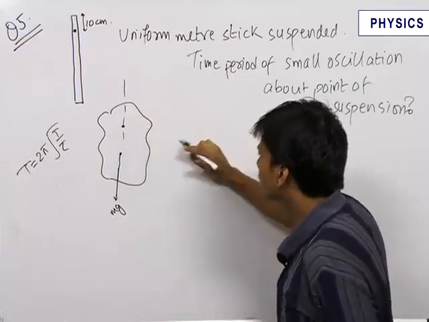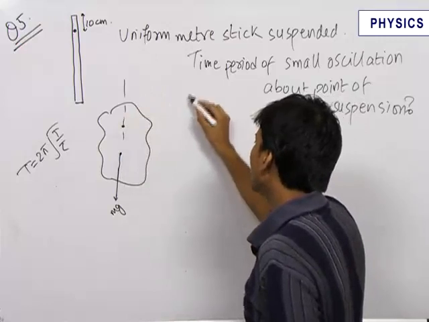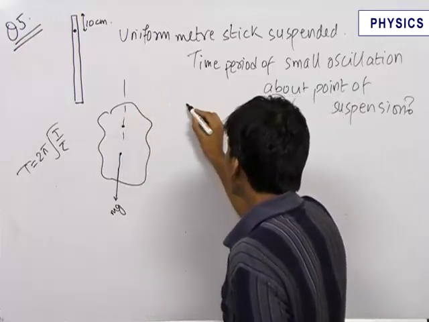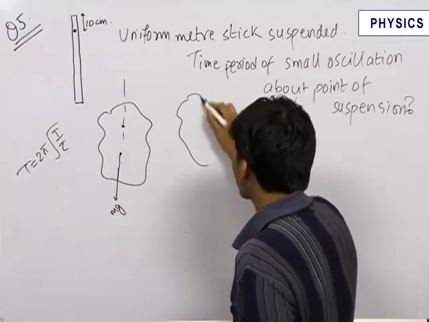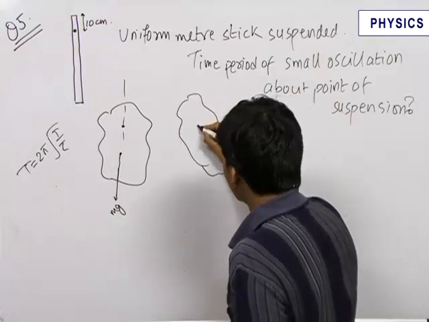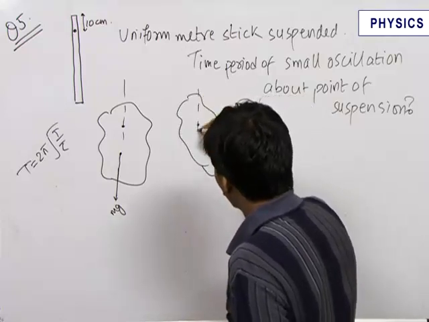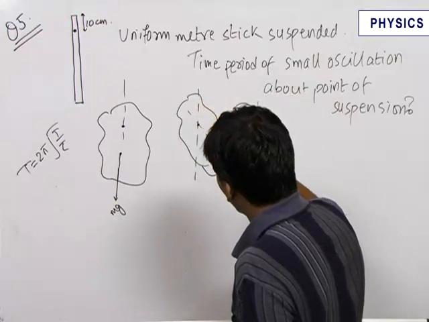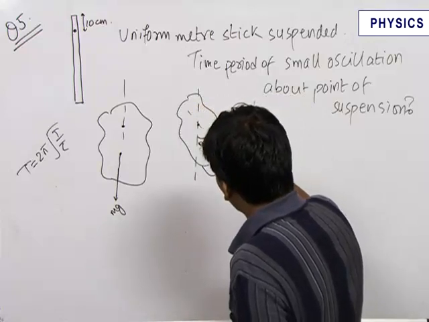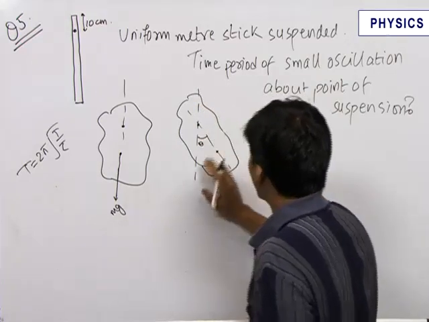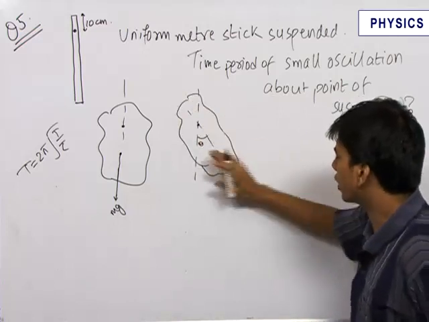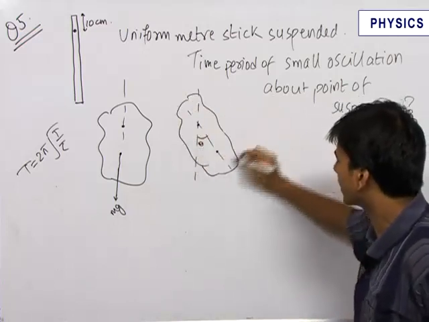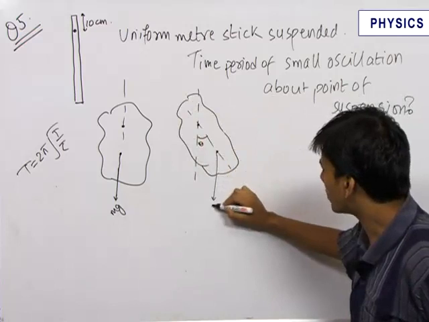Now to disturb the object from the equilibrium position, we displace it from the equilibrium position by an angle theta, due to which the line joining the center to the center of mass gets displaced by an angle theta, and the point of application of mg becomes here.